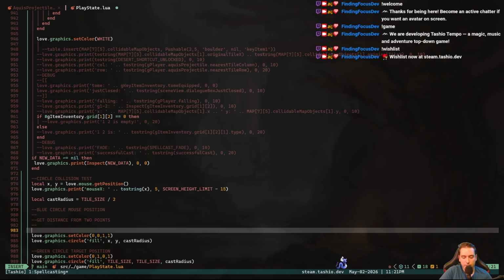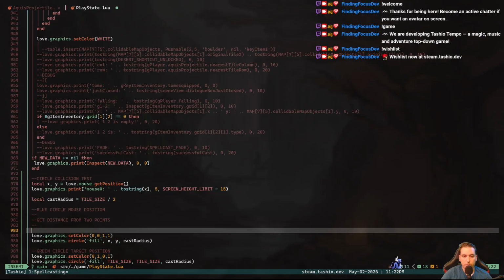So what is the A in this scenario? The A is the difference in the X positions. So when we calculate the absolute value of the difference of the X positions, that is our A leg, squared. Our b leg is the difference in y positions, absolute value, squared, and then we solve for c squared to get the distance between 2 points. Then we check, is the distance between those 2 points equal to or smaller than the size of our radius? And if it is, then the circles should be colliding.